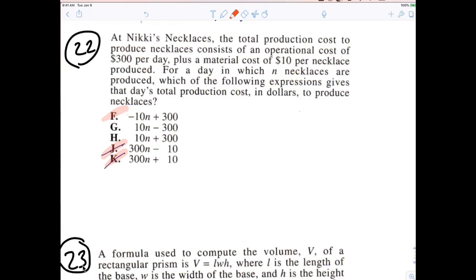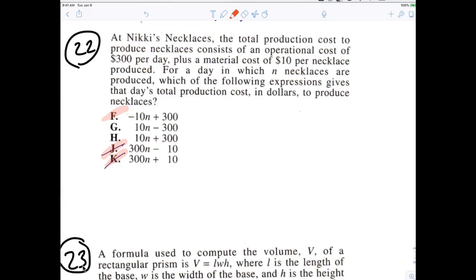Somebody help him. I want to know what's the difference. Why would you select G over H, or H over G? You have to find out the day which ten necklaces.